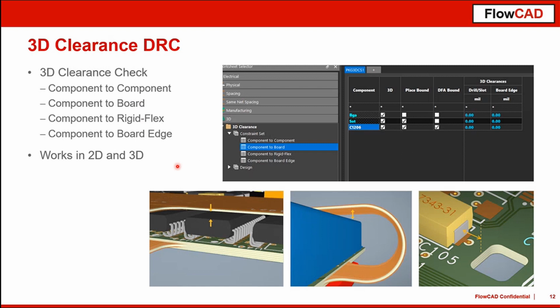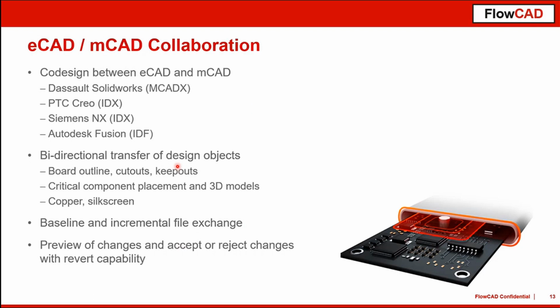And this is really also a nice thing, especially interesting for flex designs, but also you can check components to a housing of a board or something like this. So 3D clearance checks.